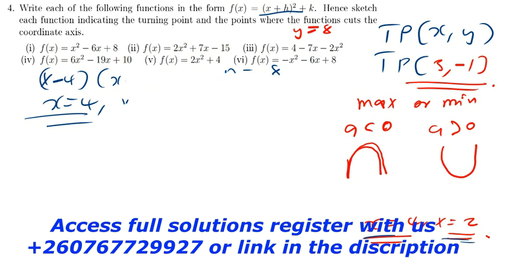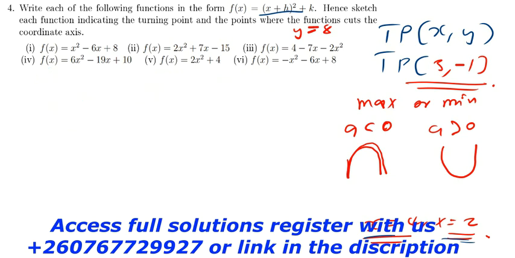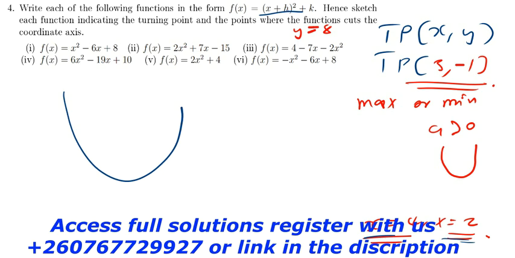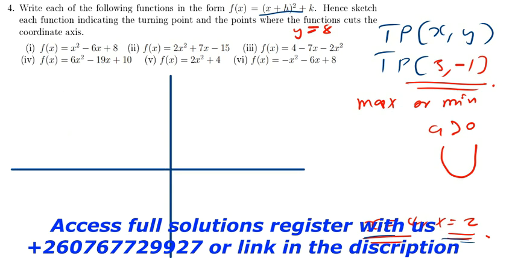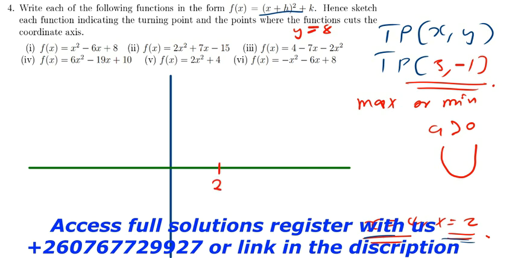After finding this, now I can go ahead and sketch. I know that since a is greater than 0, my graph will open up like that. So the first thing is my turning point and my x values, they are all here. I have 2 and 4, and the turning point is at (3, -1).